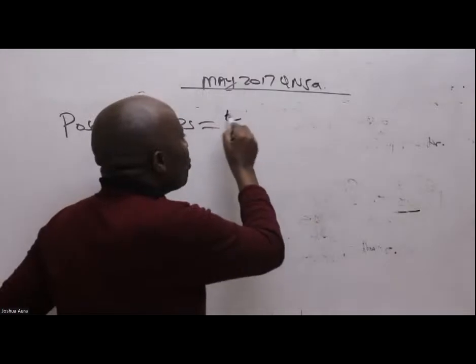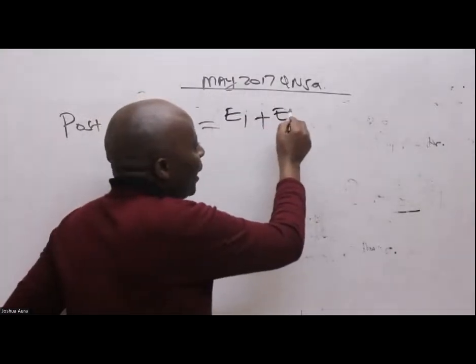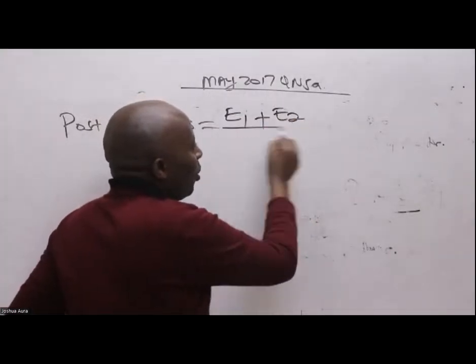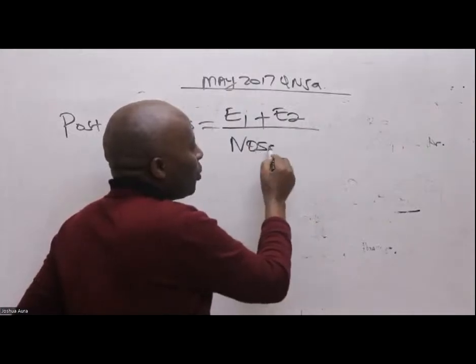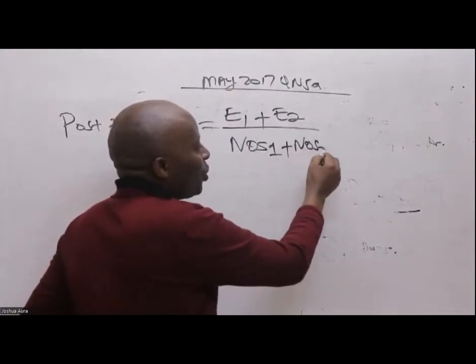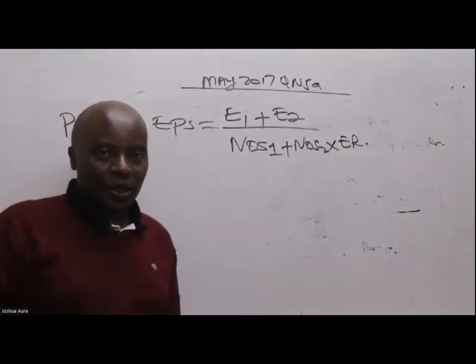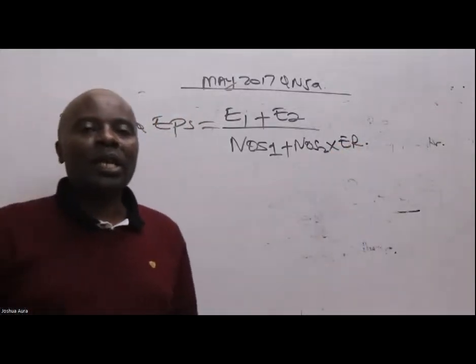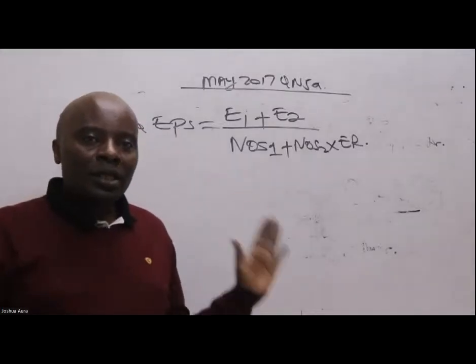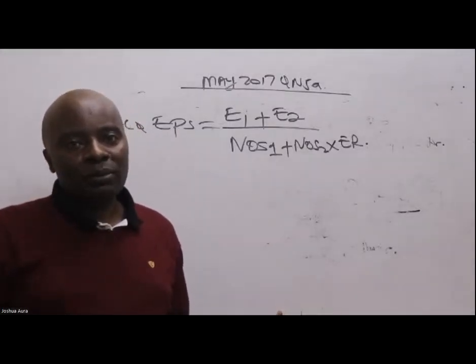You take earnings of company 1 plus earnings of company 2, all over, in this case, N1 plus N2 times exchange ratio. Ladies and gentlemen, please listen to me very well. This is a very important formula.